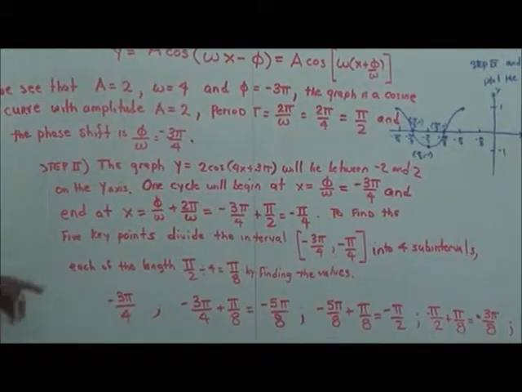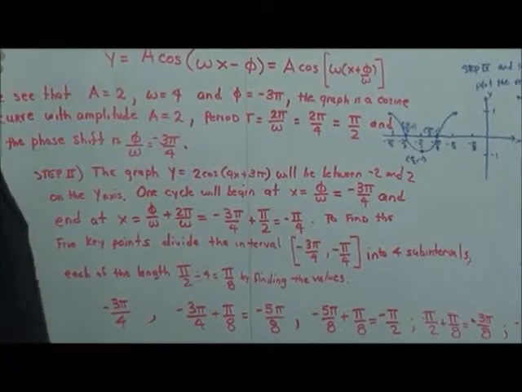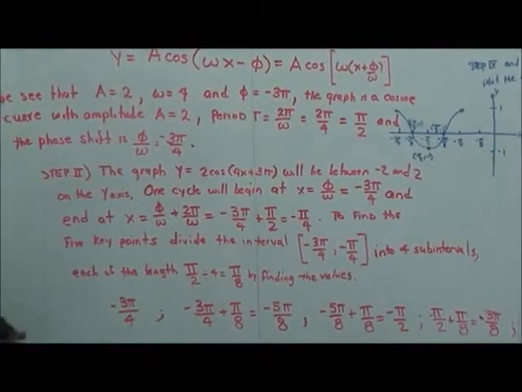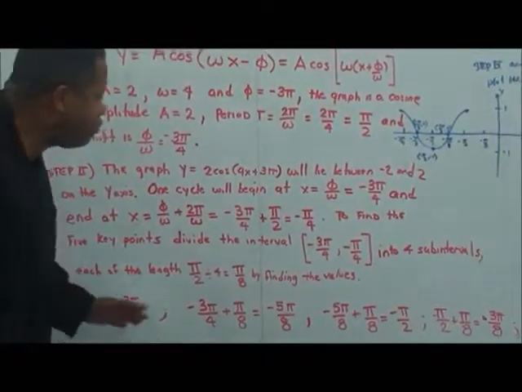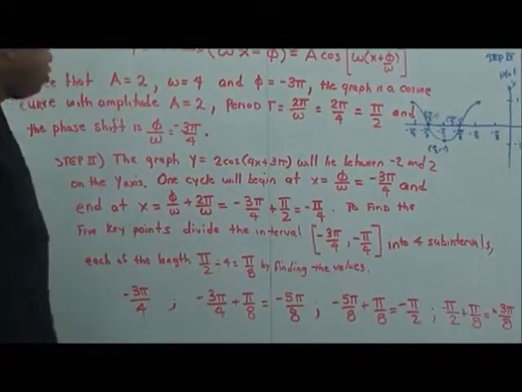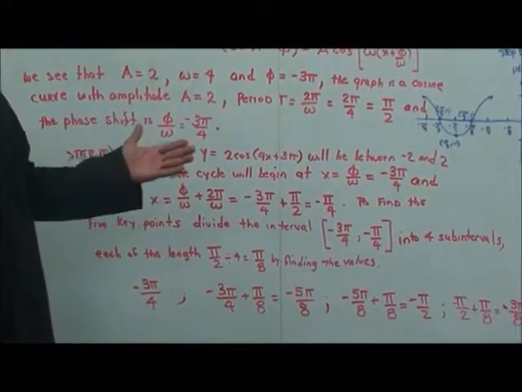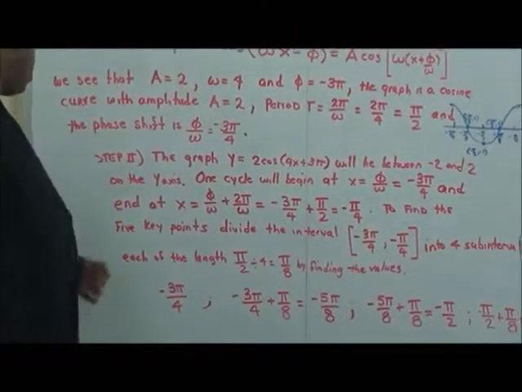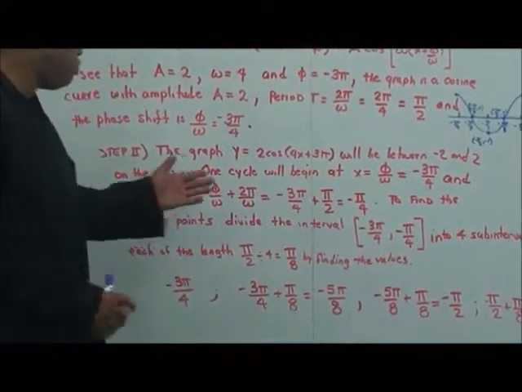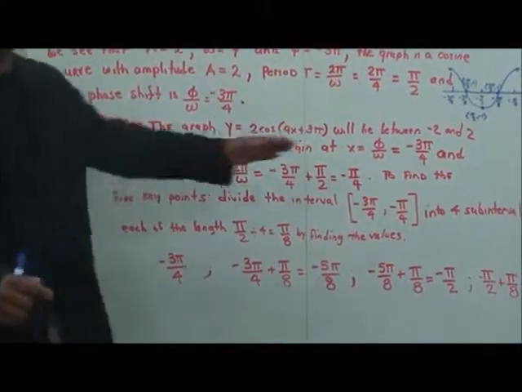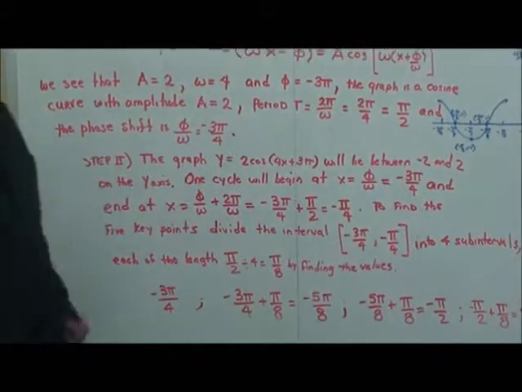Now, step 2, the graph is going to be between negative 2 and 2, because of course the amplitude is 2. And those values are going to be between these points on the y-axis.